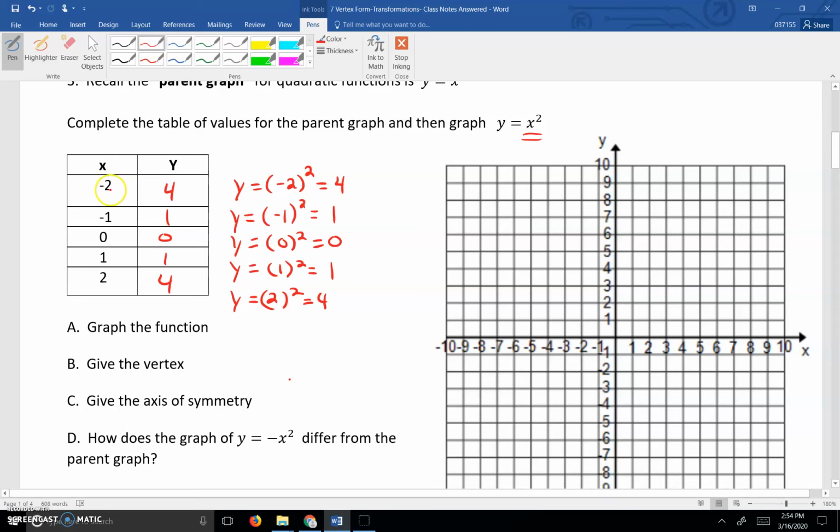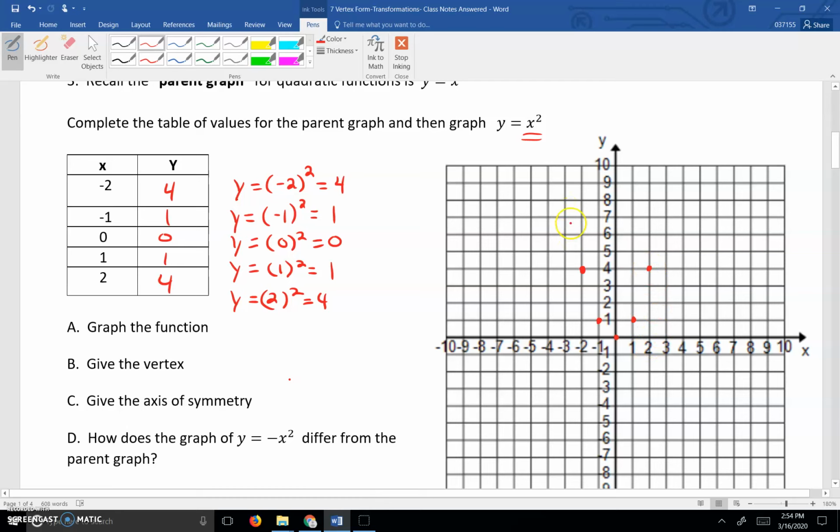So when I graph these points, I have the point -2, 4. From the origin, -2 is back 2 to the left, +4, up 4. -1, 1, from the origin back 1, up 1. Then I have 0, 0 is my origin, 1, 1, and 2, 4 are my other points.